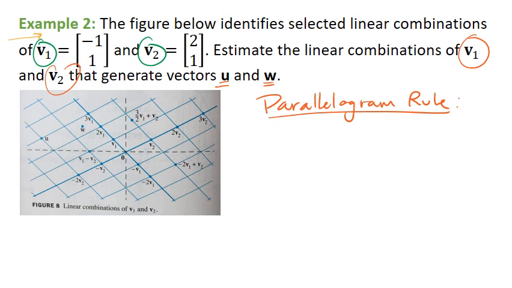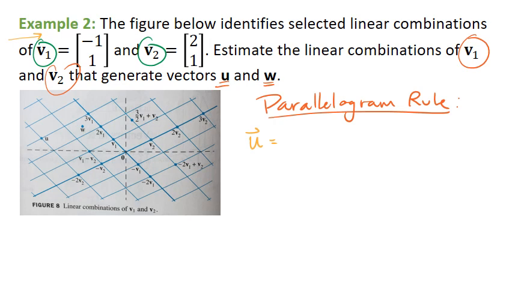So if I look at this, I can say that vector u comes from the following. This point here represents 3 of vector 1.